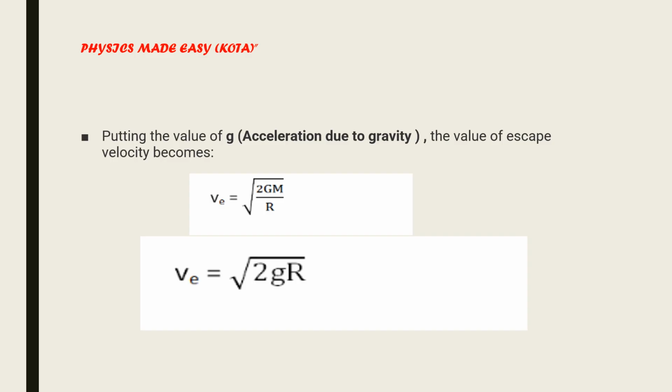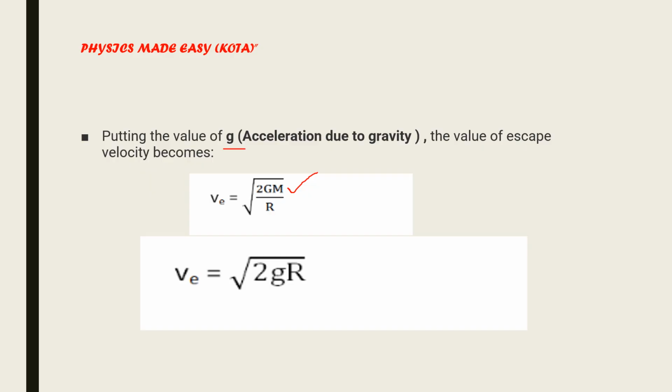As we all are aware, small g, that is acceleration due to gravity, on the surface of earth is GM divided by R squared. Here in the expression of the escape velocity, we have GM.